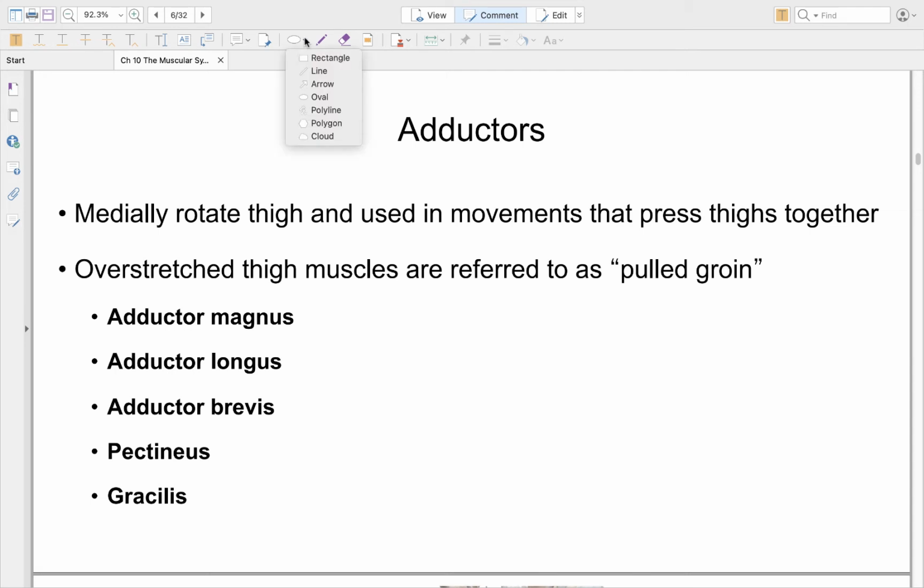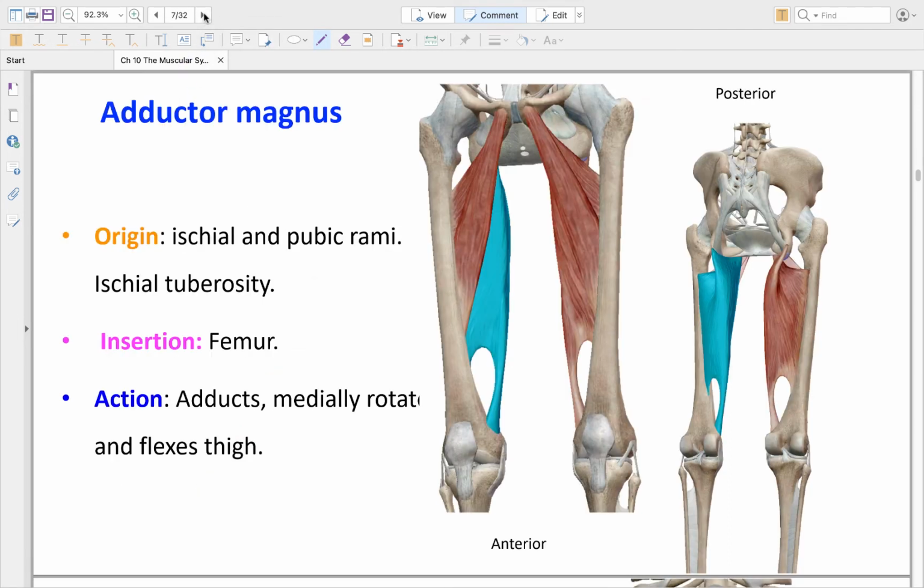This group specifically are the adductors: adductor magnus, longus, brevis, pectineus, and gracilis. Okay, so we're going to go through each muscle and the origin, insertion, and action of each.